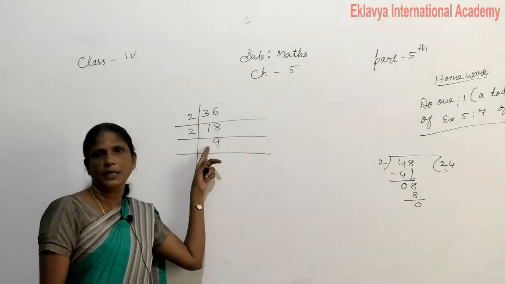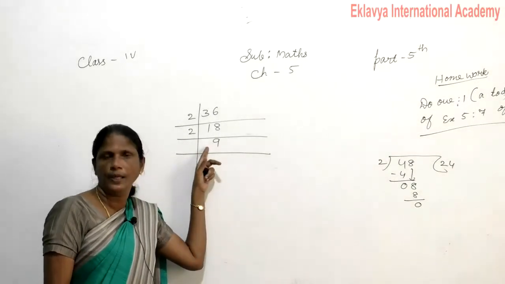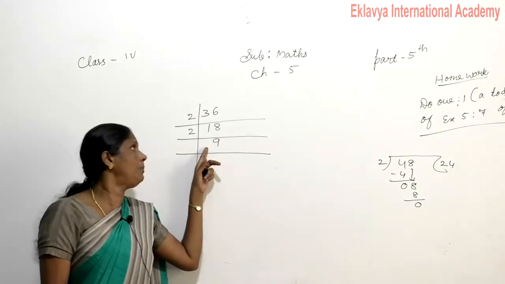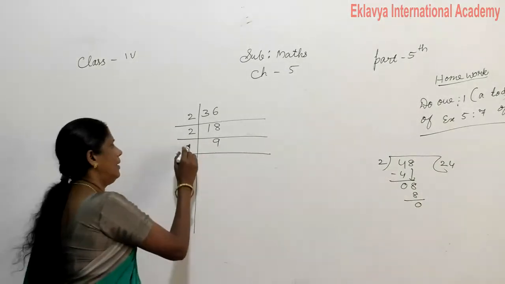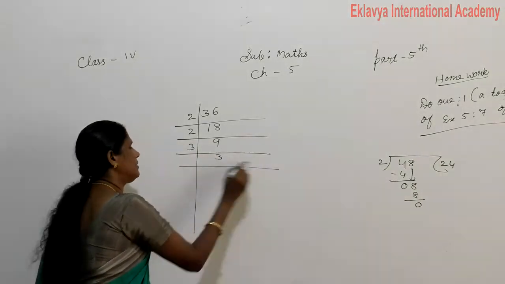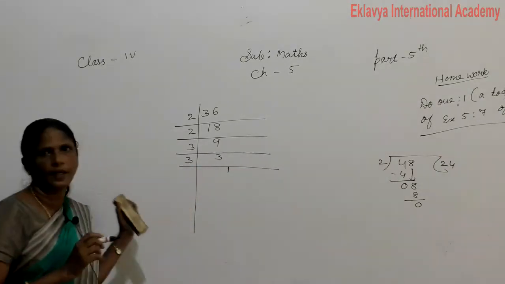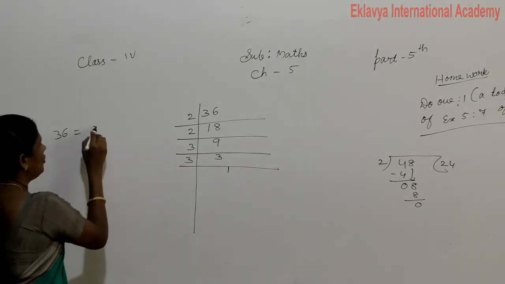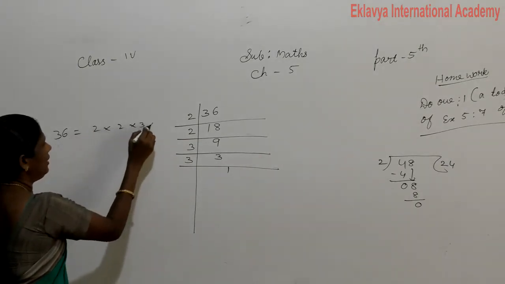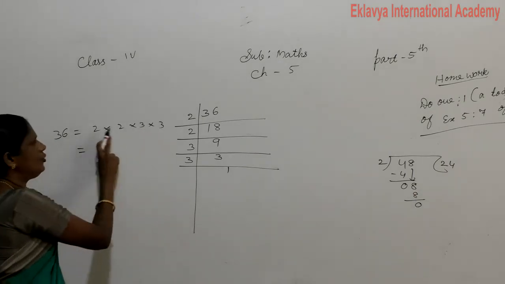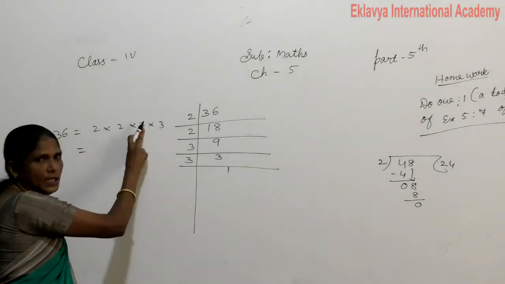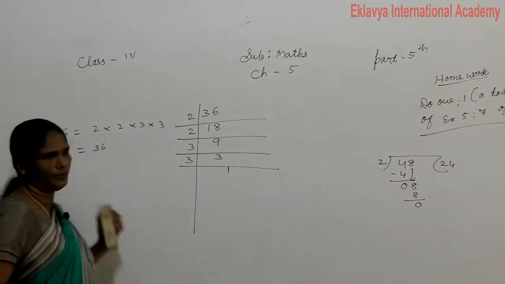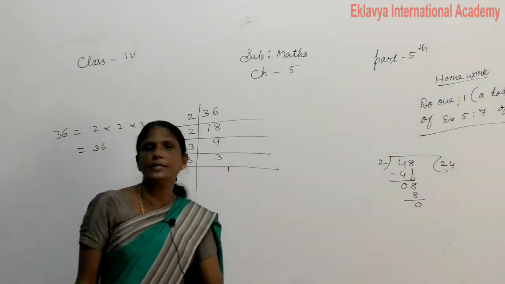Is this number again divisible by 2? No. The next prime number is 3. Is this number divisible by 3? Yes. How many times? 3 times. Then 3, 1. Now 36 is equal to 2 into 2 into 3 into 3, that is 2 2s are 4, 4 3s are 12, 12 3s are 36. You understand the prime factorization?